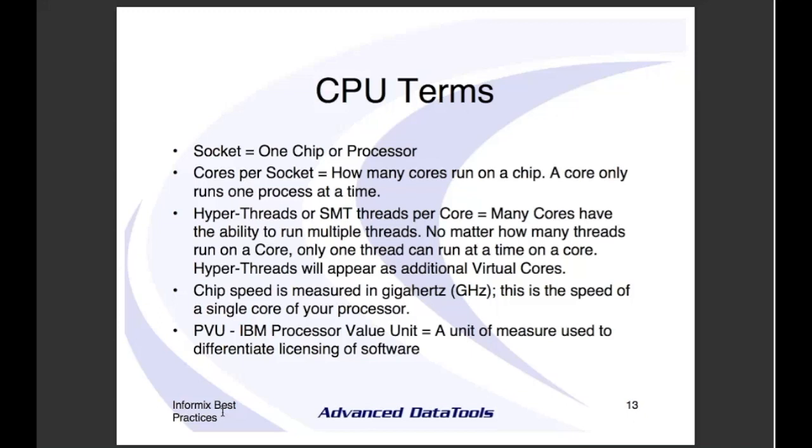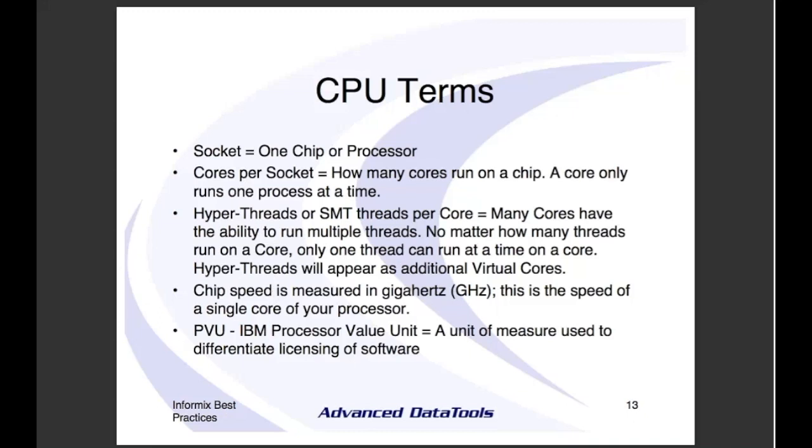Babe is running 2 threads per core. So to the operating system, it looks like it's a 24-core machine. In reality, it's only 12 cores: 2 sockets, 6 cores per CPU, each running 2 threads.